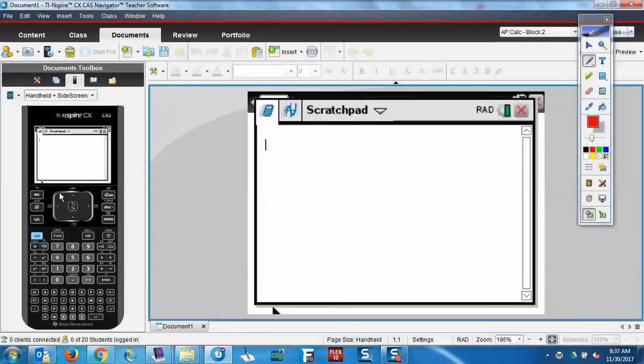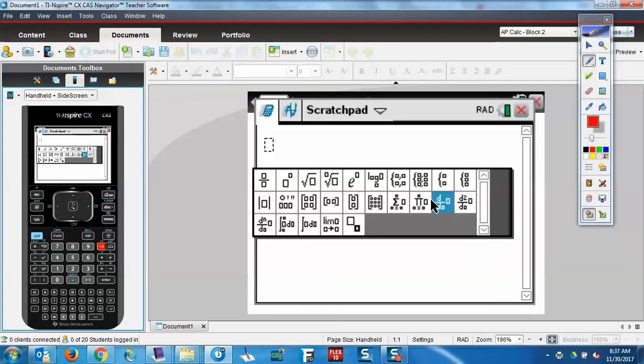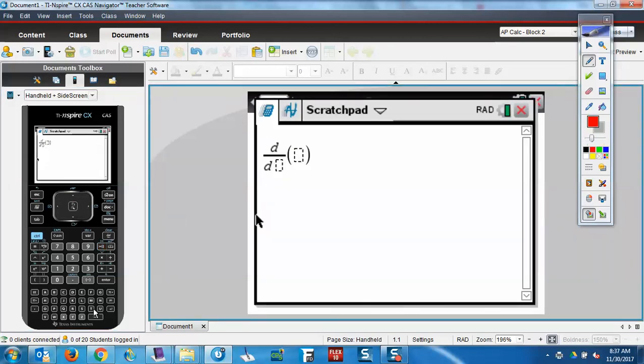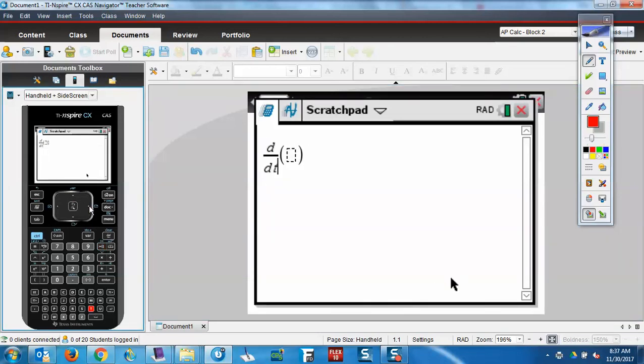If it's a calculator part of the quiz, then it's perfectly acceptable to come right over here. Usually this takes long. If you know your derivative rules, this takes longer. But if you're not real confident, you might want to let your calculator do it. Right now, I think the emphasis should be on trying to do these without your calculator.